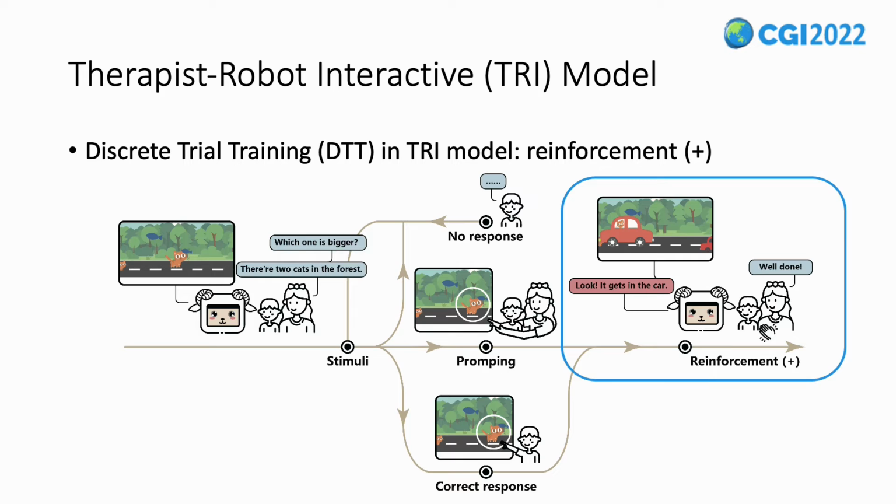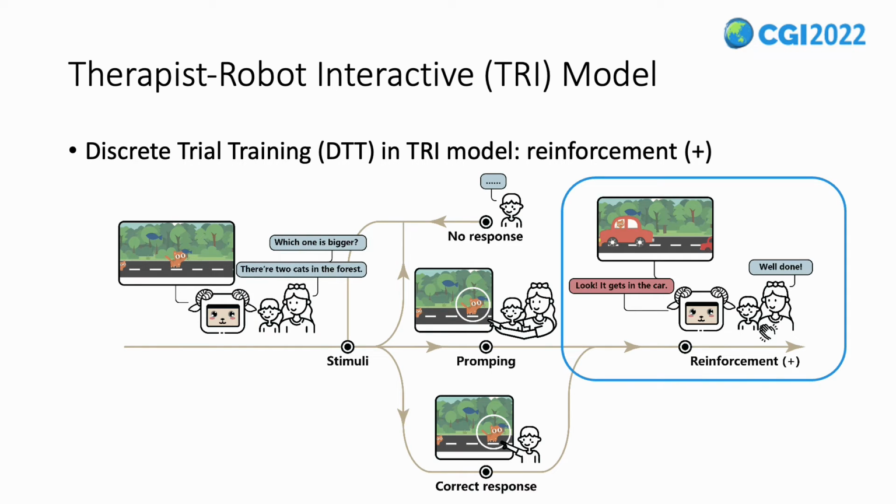In traditional DTT, positive reinforcers need to be provided to the child to increase the likelihood that a child obtains the target skill or behavior. When using Yang in the child model during the DTT treatment, the robot can present audio-visual effects as a reinforcer.